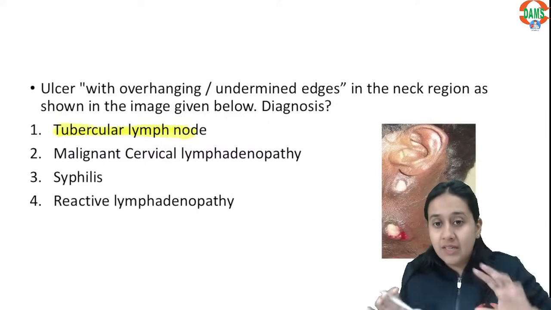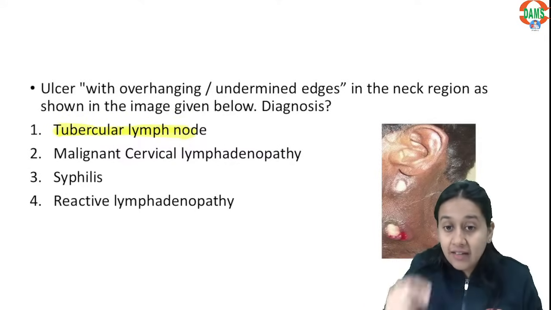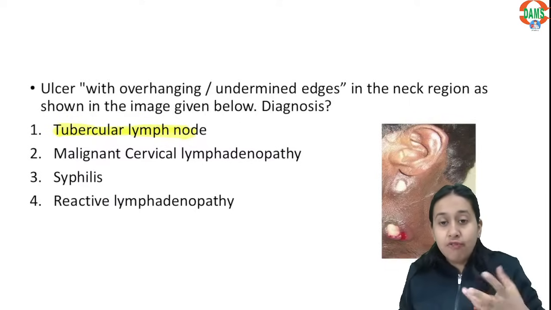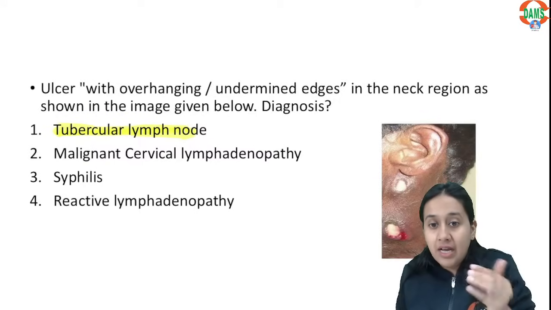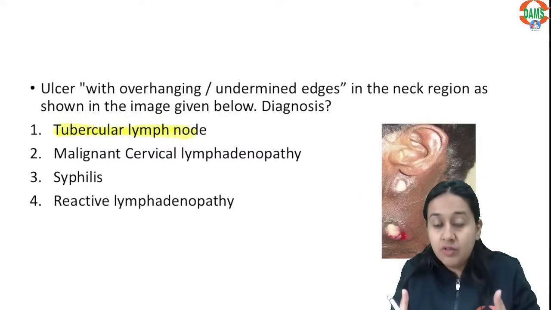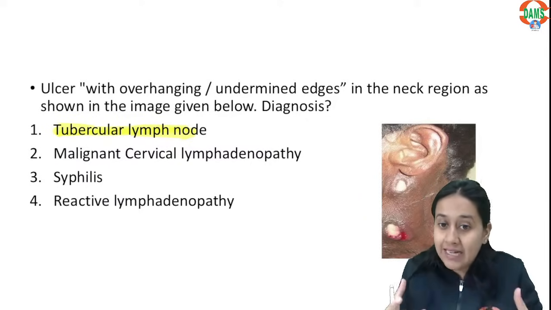But that is not the case in TB patients. Mycobacterium TB can cause different clinical lesions in different individuals. For example, in some individuals it presents with a verrucous lesion, known as tuberculosis verrucosa cutis. In some it presents as an annular plaque, known as lupus vulgaris.